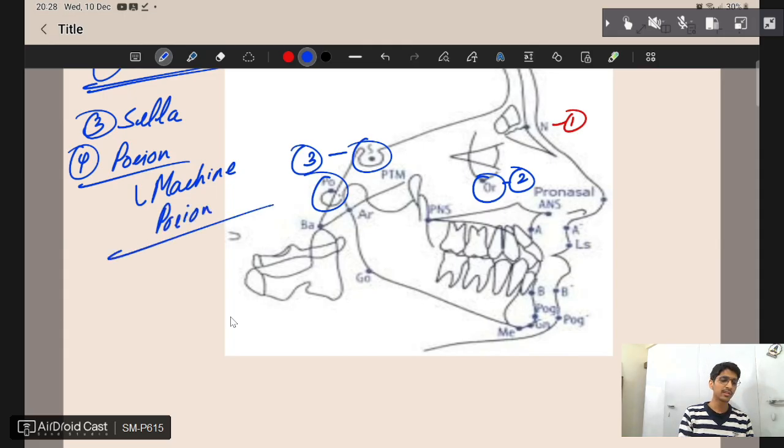But there is another landmark. Sometimes the researchers have denied that we can take this. What you can do is, sometimes you can see the external auditory canal. If you are able to visualize the external auditory canal, then you take that point as porion.